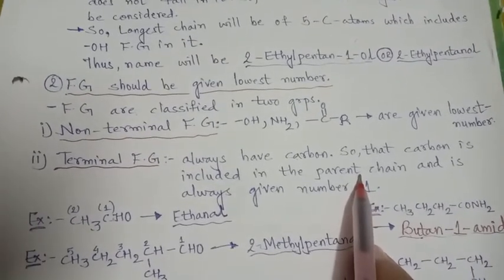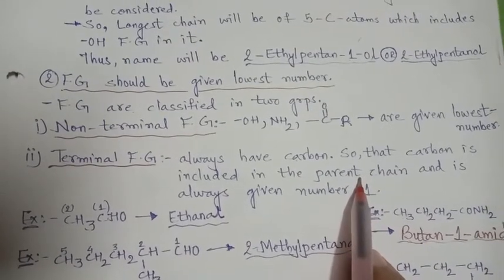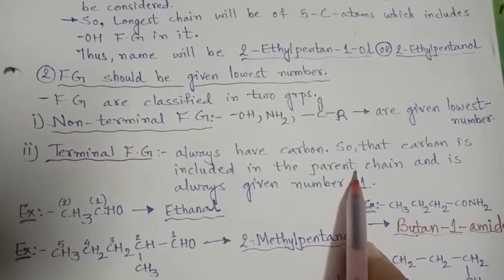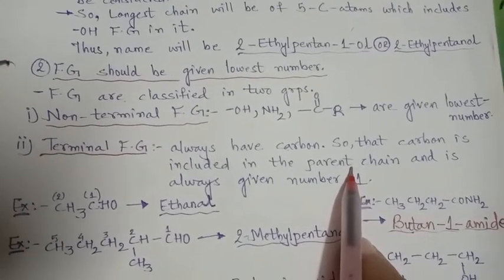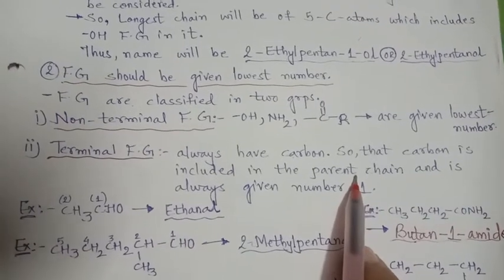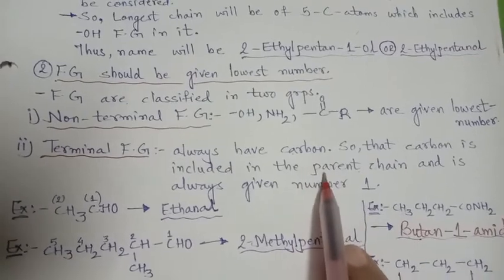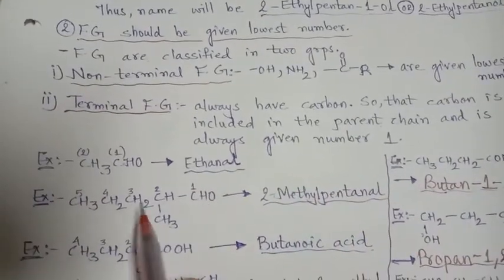Sometimes it happens that wherever the functional group is there along with the carbon, and that is considered to be the parent chain member, then that chain won't be the longest one. But then also, because of the presence of the terminal functional group with carbon, we will have to consider it as the parent chain and give number 1.